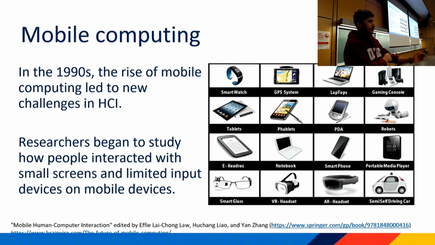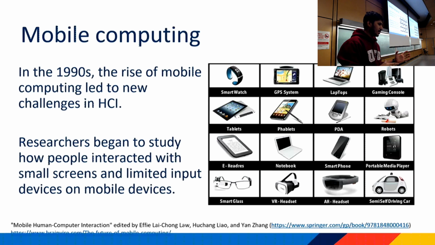Then, in the 1990s, all the different kinds of mobile computing devices, like you can see here, a smartphone, a smart GPS, laptop, pad, PDA, phablets, VR headset, AR headset. So all the mobile devices were having more power, with a graphical user interface.